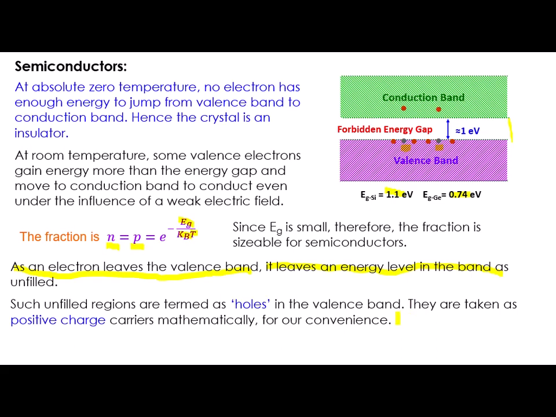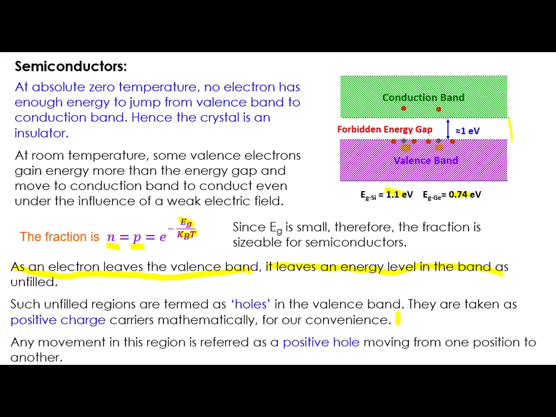In reality, they do not occupy any physical space. Any movement in this valence band is referred to as positive holes moving from one position to another. Those things we will be discussing in detail in the next video lecture.